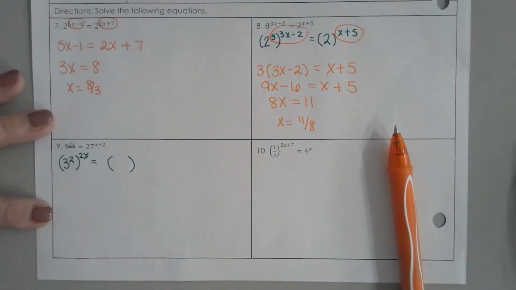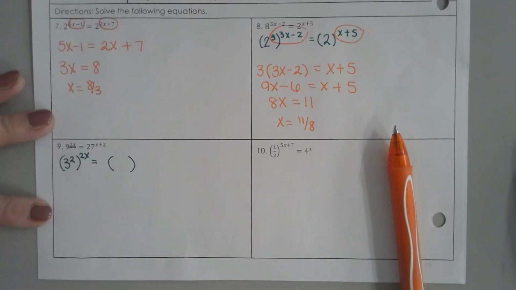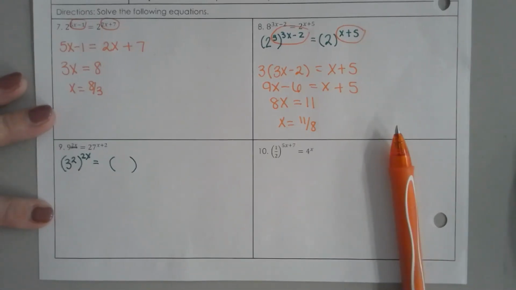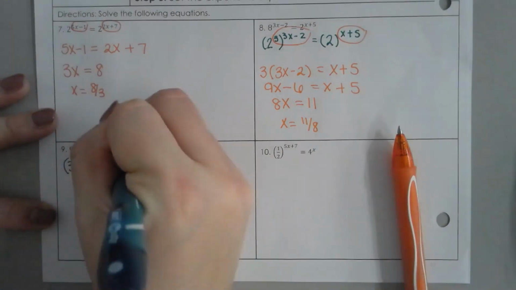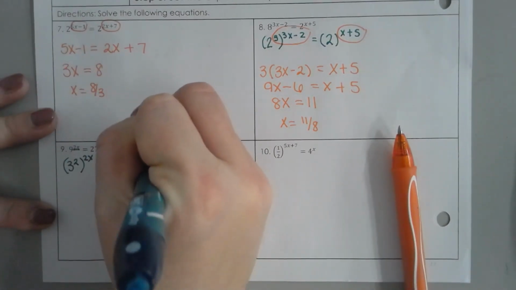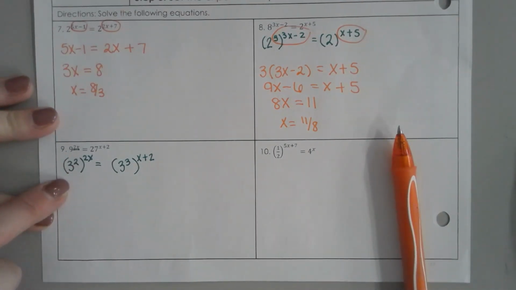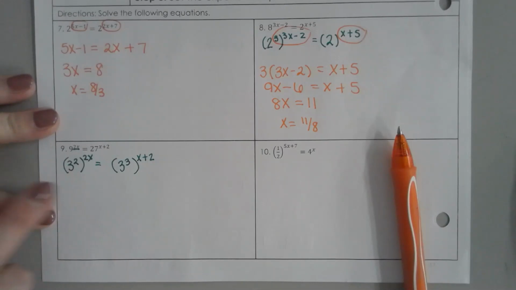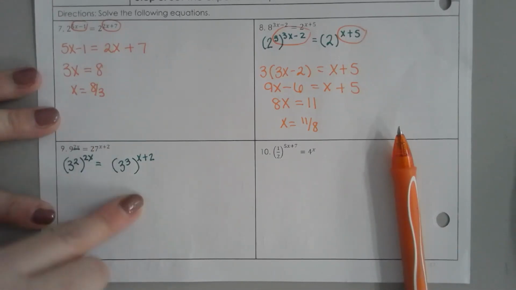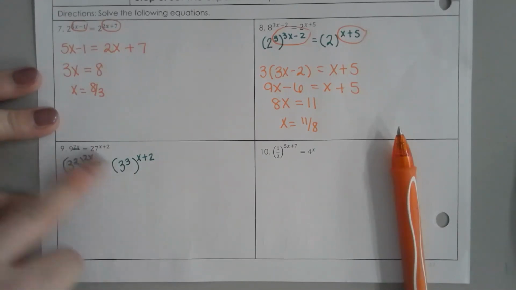3 to what power is 27? 3 to the third. 3 times 3 is 9, times 3 is 27. So I took out the 9, replaced it with a 3 squared, because 3 squared is 9. I took out the 27, replaced it with a 3 cubed, because 3 cubed is 27.